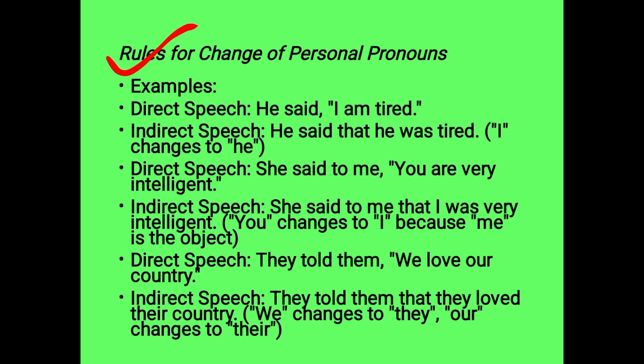You changes to I because me is the object and the subjective case of me is I. Direct speech: they told them, "We love our country." Indirect speech: they told them that they loved their country. We changes to they, our changes to their.